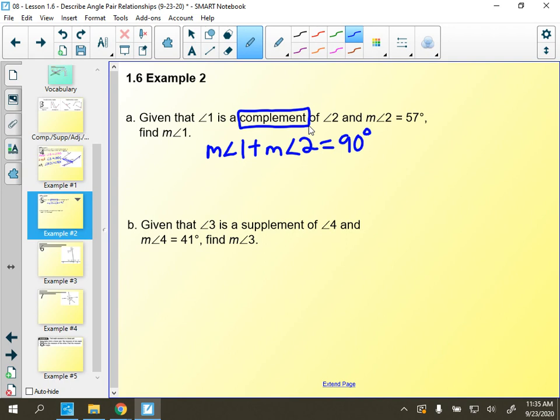We know that the measure of angle 2 was 57, just from the given information. And then the measure of angle 1 is what we're looking for. So we'd end up subtracting the 57 from both sides. I don't necessarily expect us to set up a big formal equation like this. I understand a lot of us see that and hear, hey, complementary, complement, I can go 90 minus 57 just right off the bat and say, hey, the measure of angle 1.